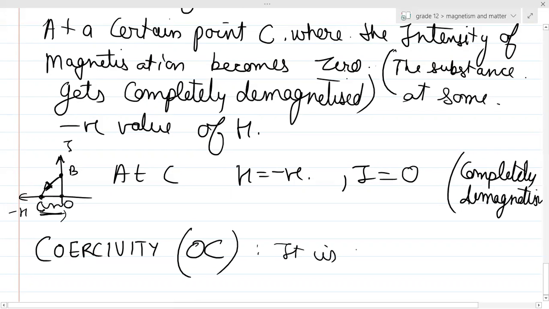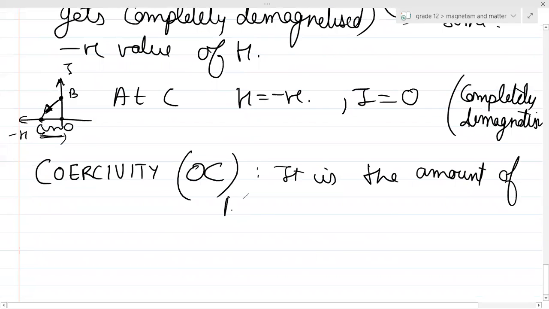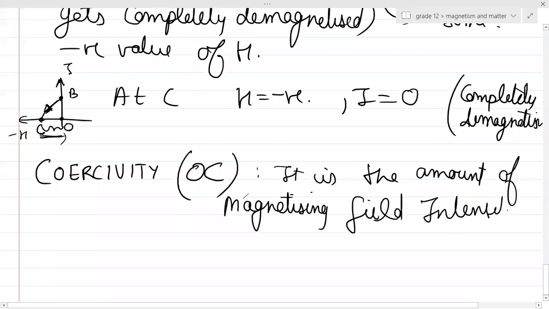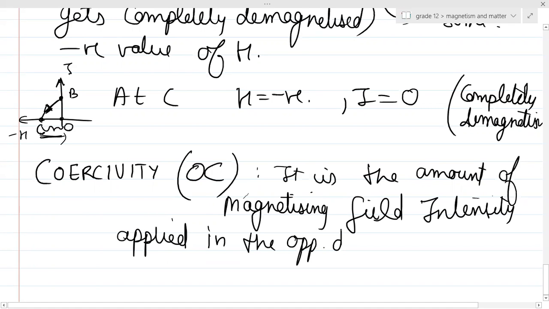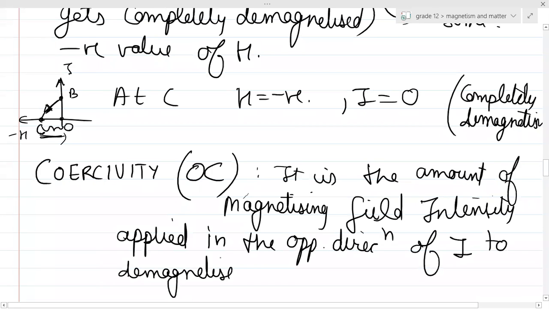It is the value of the magnetizing field intensity applied in the opposite direction of I to demagnetize it completely.